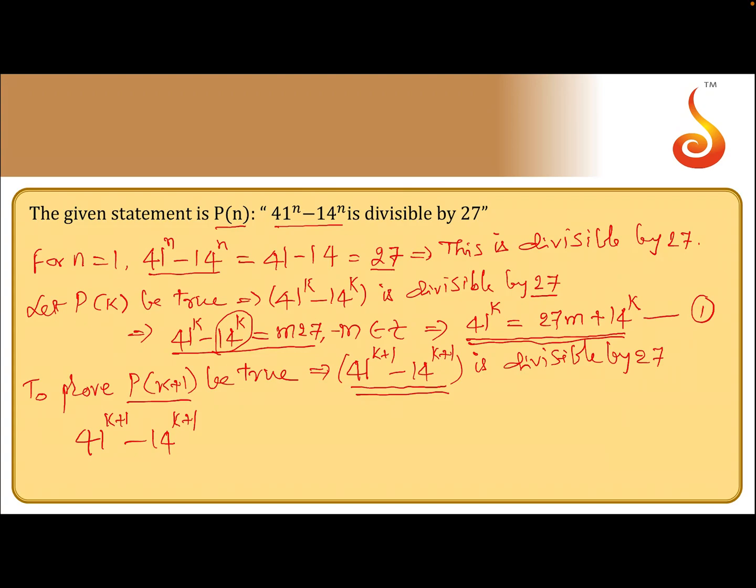This can be rewritten as 41 to the power of k multiplied by 41 minus 14 to the power of k multiplied by 14.